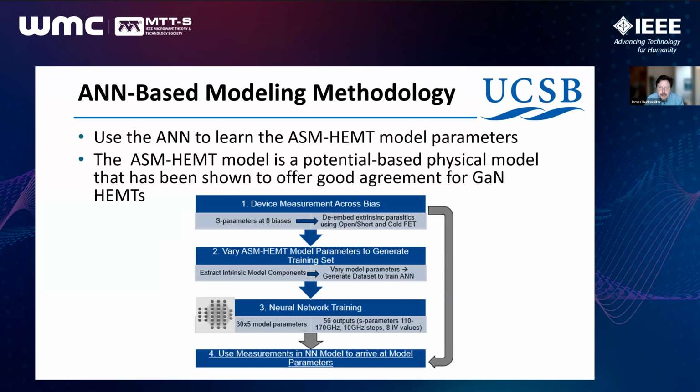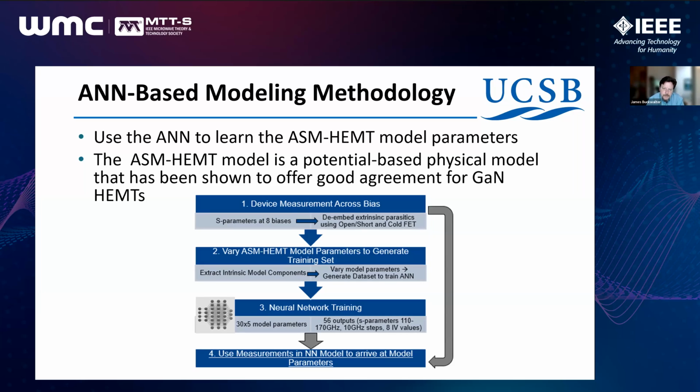So we measured S parameters under different bias conditions, and de-embedded the extrinsic capacitances and model components, and then used those to generate training sets based on the model parameters, and used that to train the neural network.